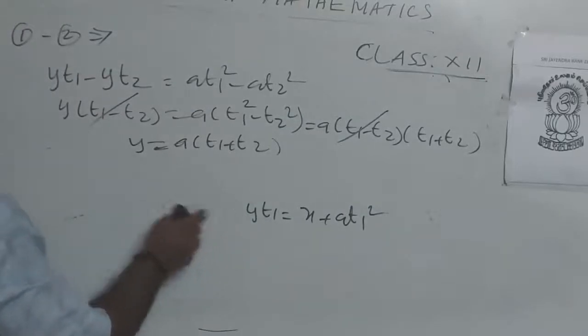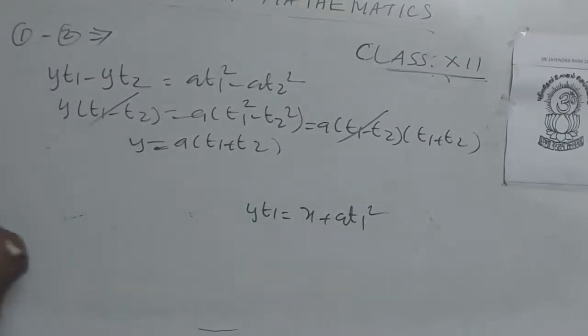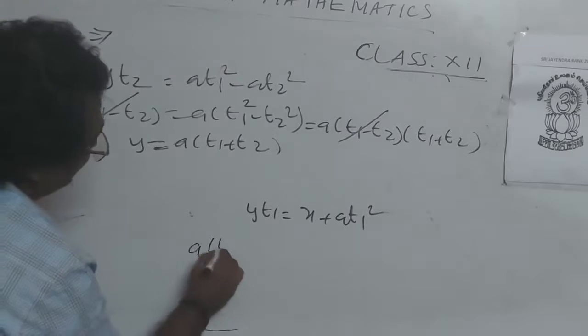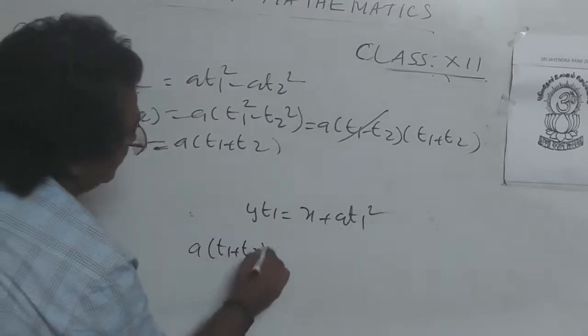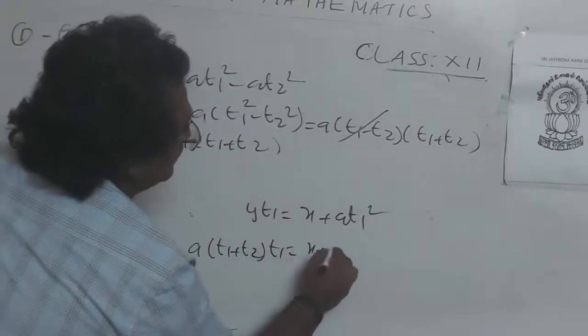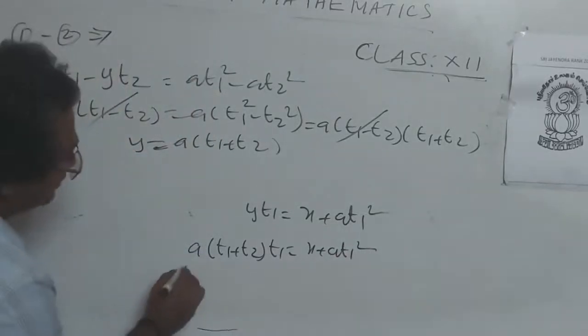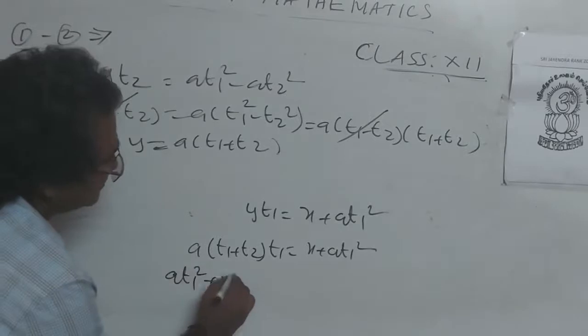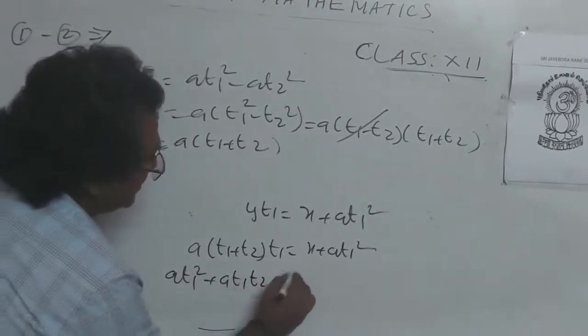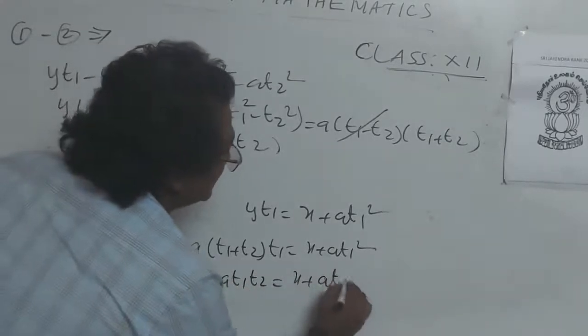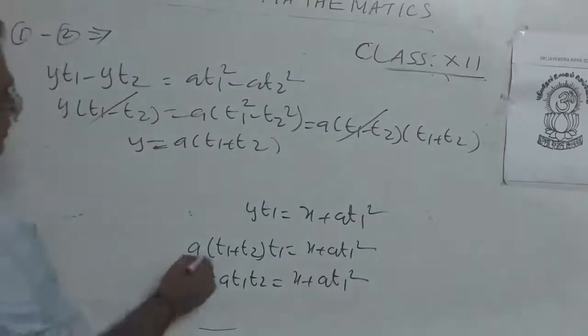Replacing the value of y in this equation, a into t1 plus t2 into t1 equal to x plus a t2 squared, a t1 squared plus a t1 t2 equal to x plus a t2 squared.